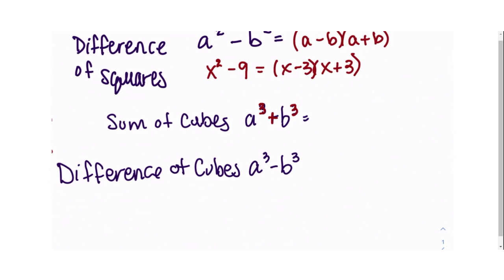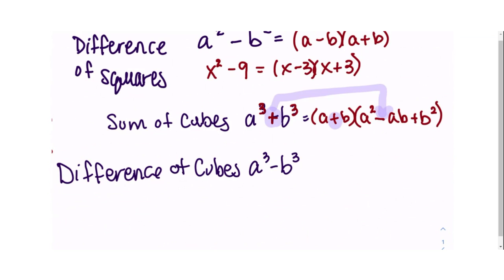So if we had a cubed plus b cubed, it would factor into (a plus b) multiplied by (a squared subtract ab plus b squared). Notice this is a plus, that's also a plus, and then this is the opposite.